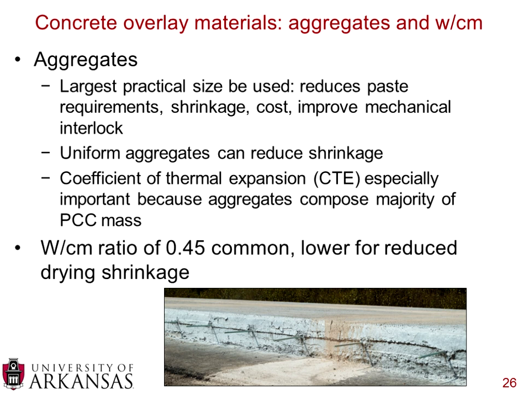Also, by using the largest practical size, you can reduce your shrinkage, and you can improve mechanical interlock. So once that pavement does crack, and concrete pavements are designed to crack, where those joints are sawed in, you get aggregate interlock. And one of the last slides we'll show is a nice picture of a joint saw with the crack below that, and that aggregate interlock is critical.